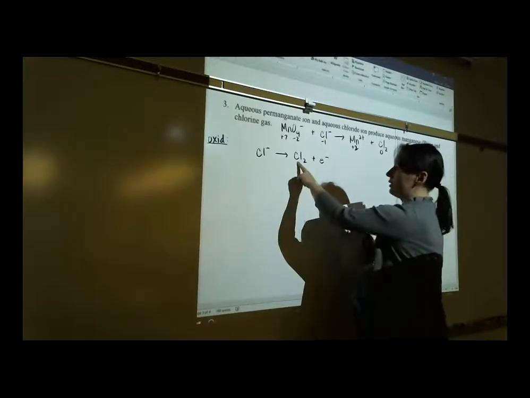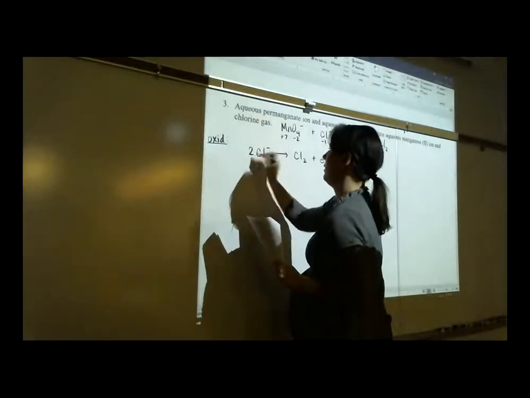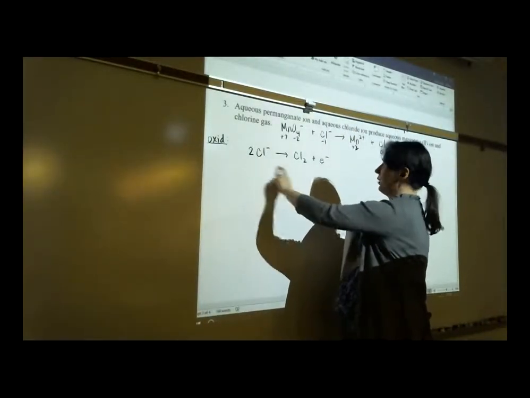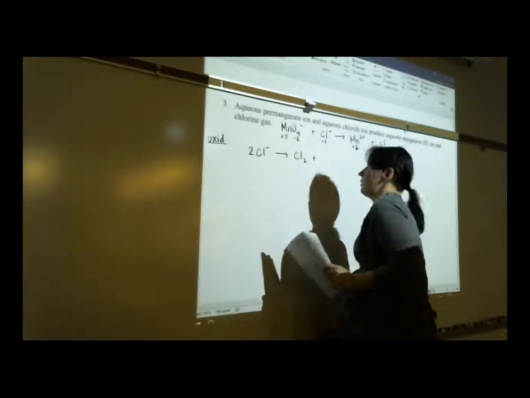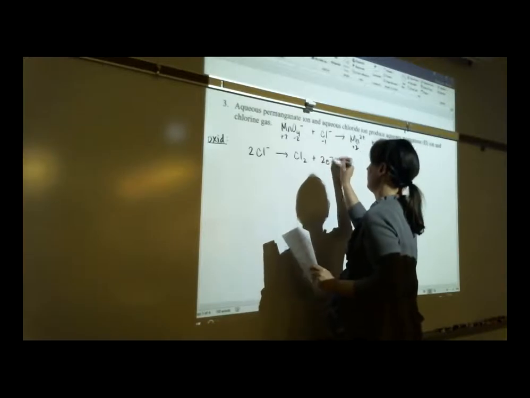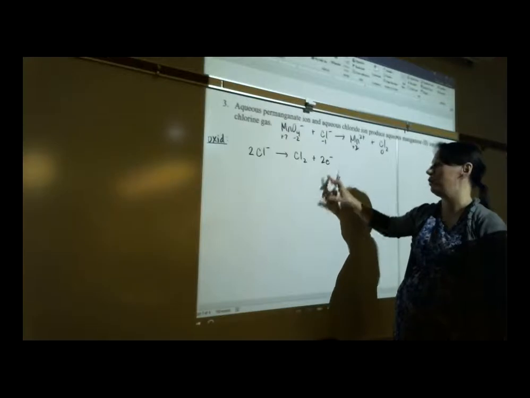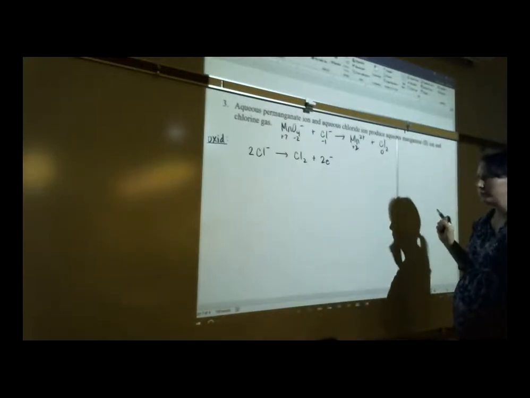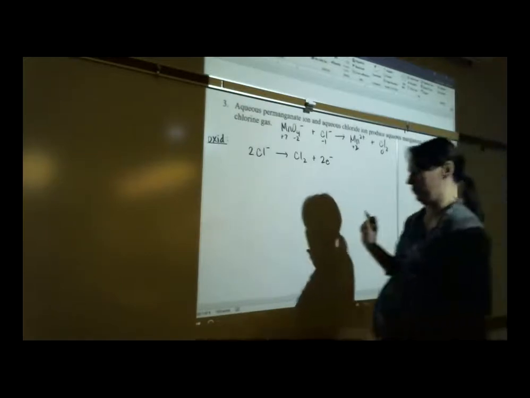Because there are 2 chlorines on this side, so I have 1 chlorine on this side. So I need to put a 2 here. If 1 chlorine loses 1 electron, then 2 chlorines are going to lose 2 electrons. So don't forget to make those little translations, right? Because if we change the number of electrons here, that's going to ultimately be changing what we multiply by when we are combining the 2. No hydrogens to deal with, no oxygens to deal with, so that was a pretty easy half reaction, right?